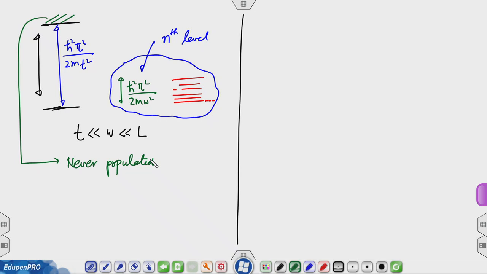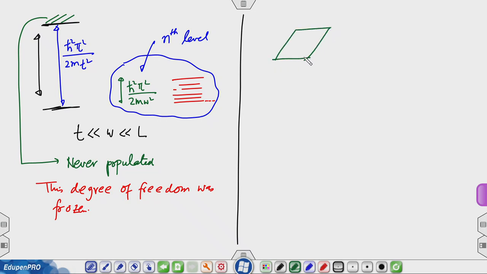And what I had said in the lecture was this degree of freedom was frozen. So, that never came into being. We have a slightly different case here, because the electron is confined in a box of width w.